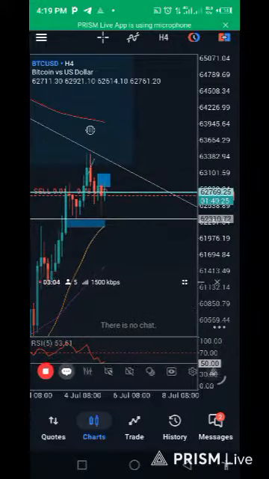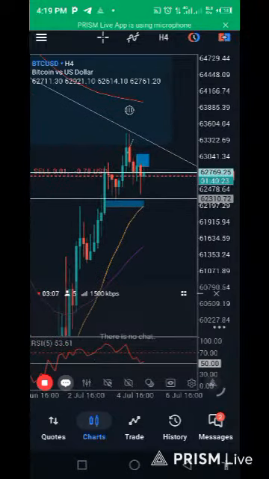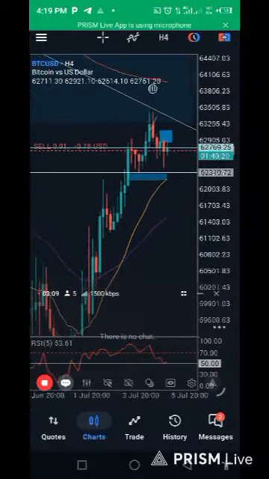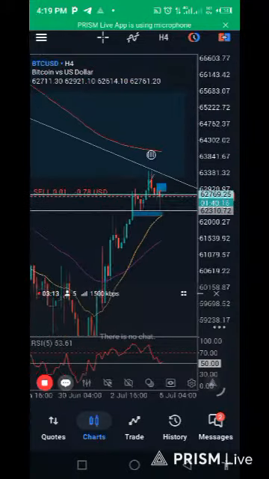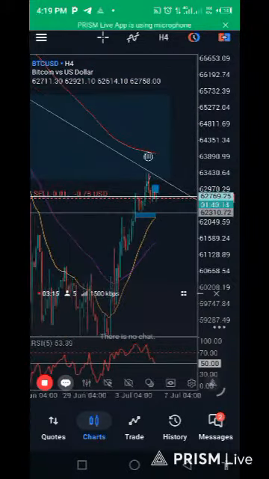The next break of structure is going to happen here. This is a 4-hour time frame, and if you can see, there is a resistance and there is a support triangle that I drew there. You can see it.